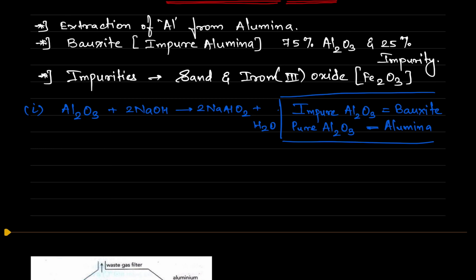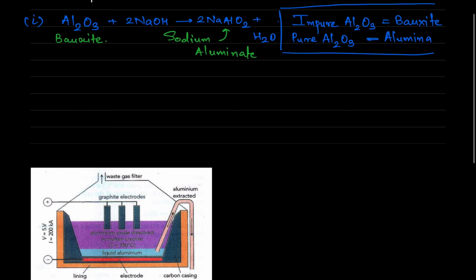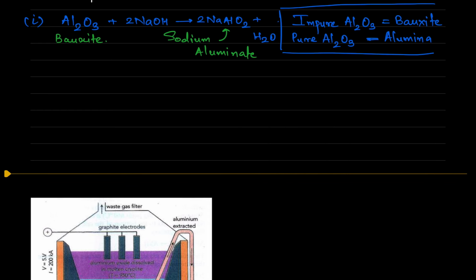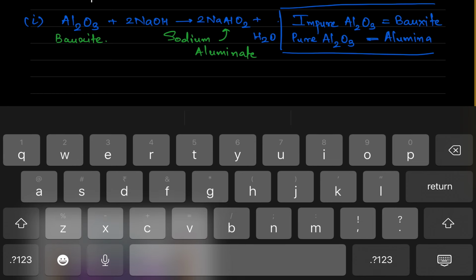Okay, now what is this NaAlO2 referred to as? This is referred to as sodium aluminate. So over here I get sodium aluminate. This is NaAlO2, and this Al₂O₃ that I'm using is impure, and therefore this would be referred to as bauxite. Please remember this.